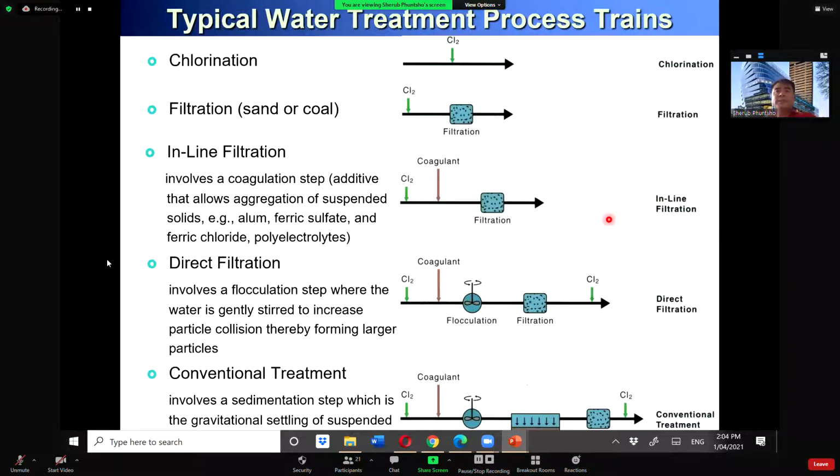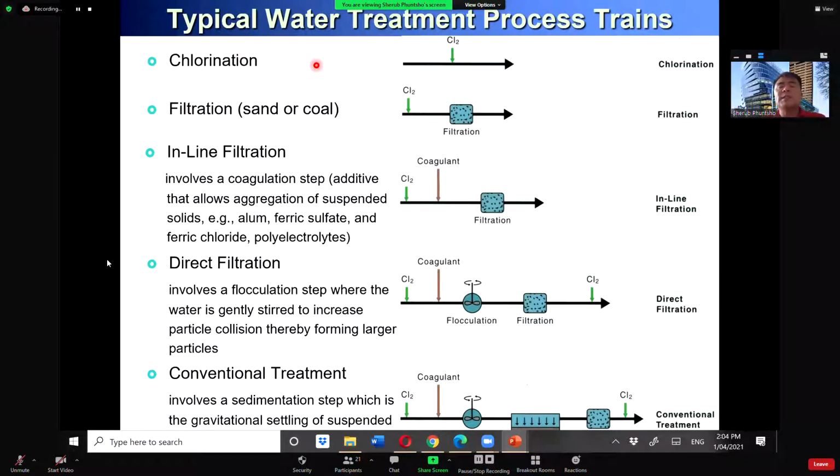There are also various other treatment trains that you can have. Say if the water quality is very good, especially groundwater, or even a lake that is undisturbed, or stream water coming from a very undisturbed place, then the water quality may be very high. In that case, maybe you don't even need treatment.